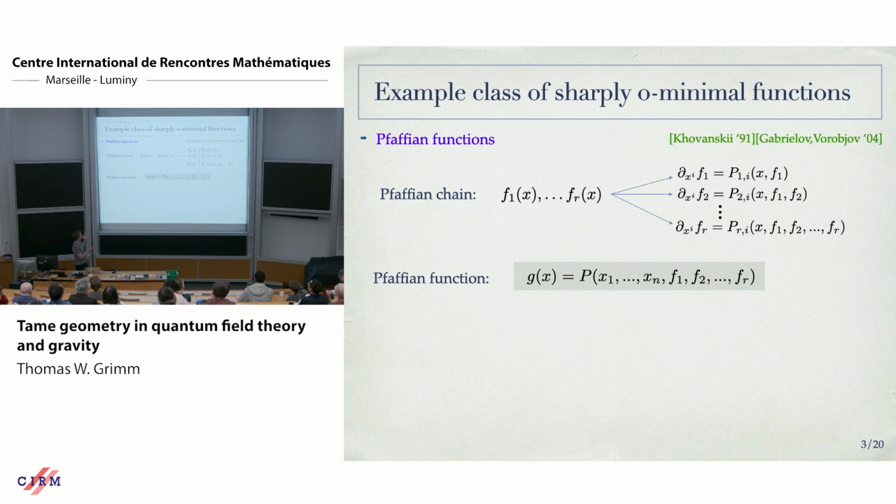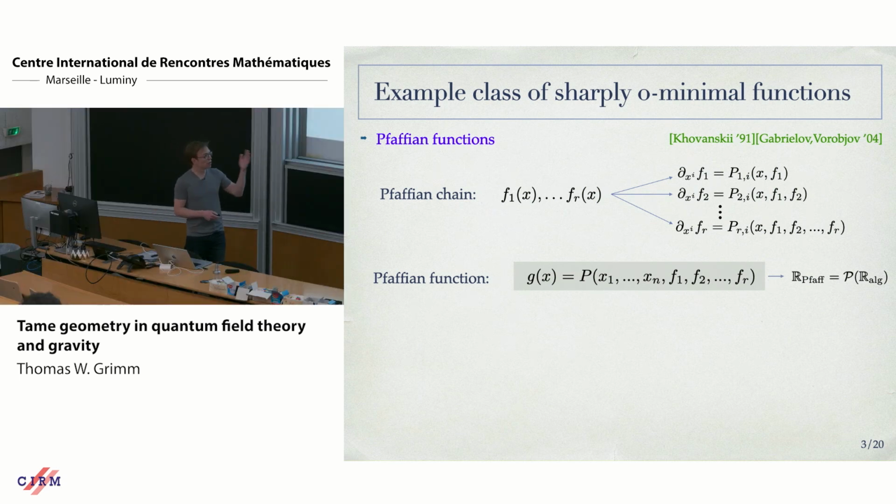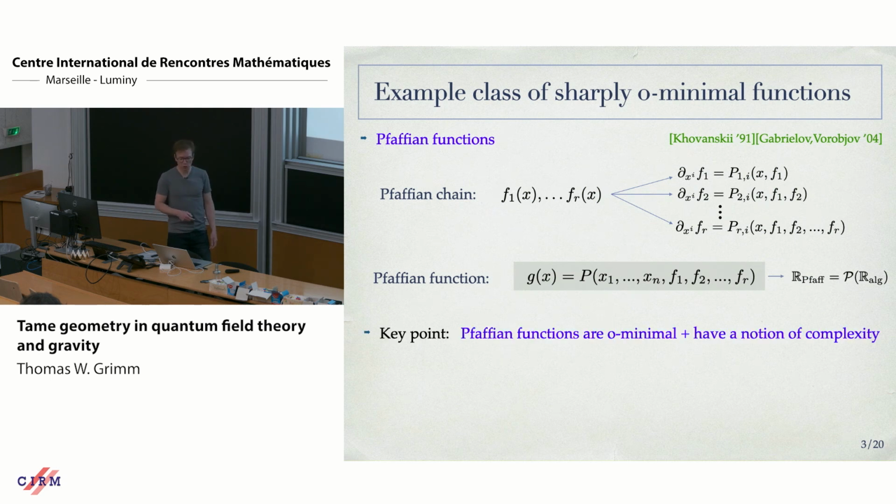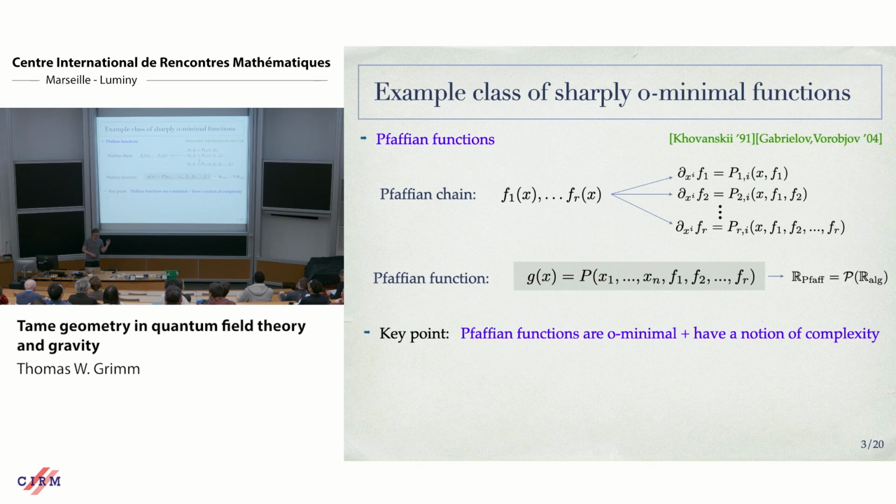Now, what is a Pfaffian function then? It is just, again, a polynomial in our coordinates and these building block functions f1 to fr. In fact, they form an o-minimal structure, which is the Pfaffian closure of our algebraic structure. So the key point I want to highlight here is that Pfaffian functions are part of an o-minimal structure, and they have a notion of complexity of the type which I also mentioned for polynomials.